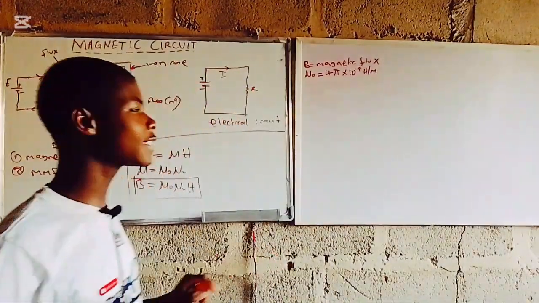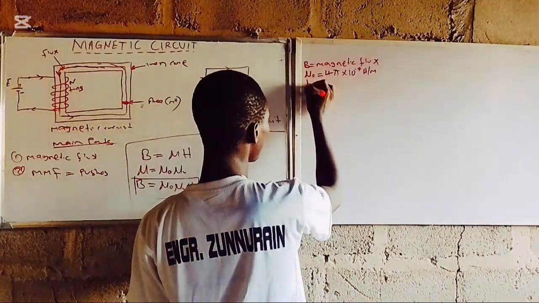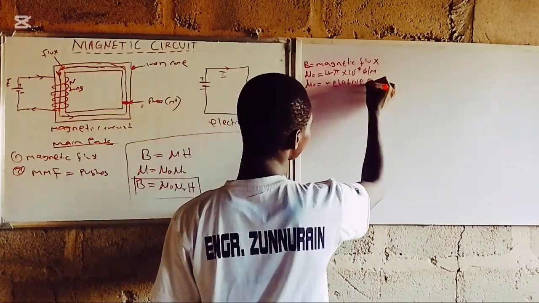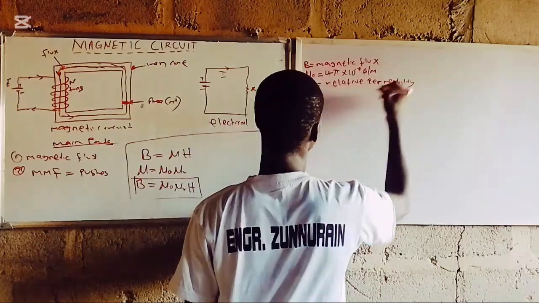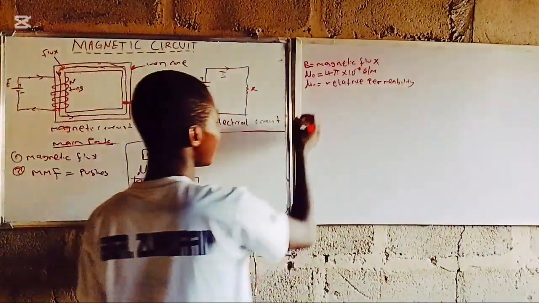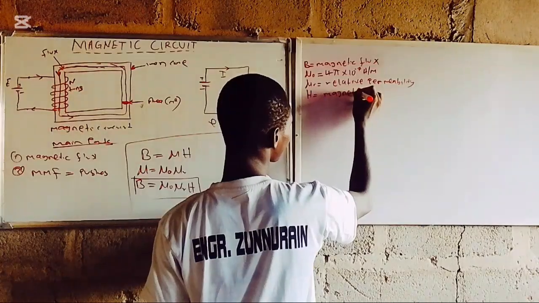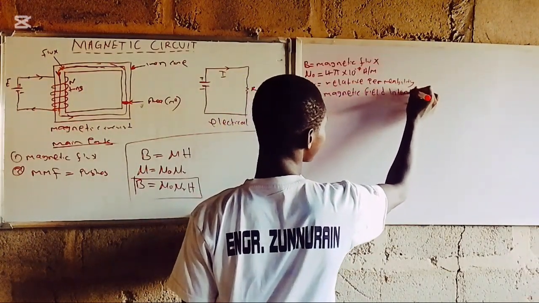This mu naught is the permeability of free space, while mu r is the relative permeability, and H is the magnetic field intensity.